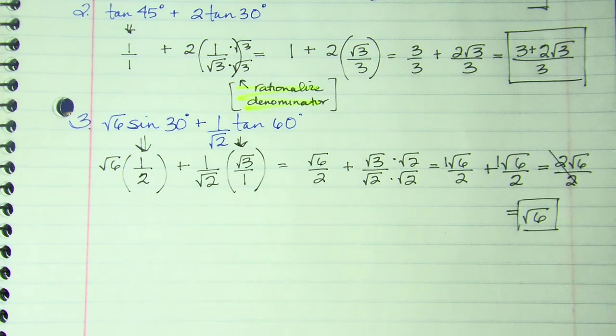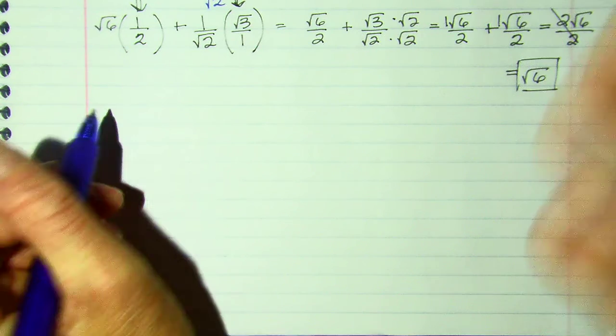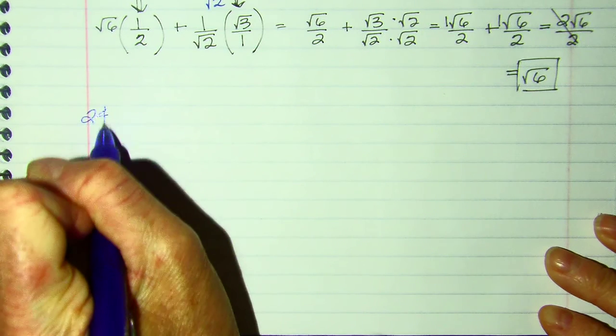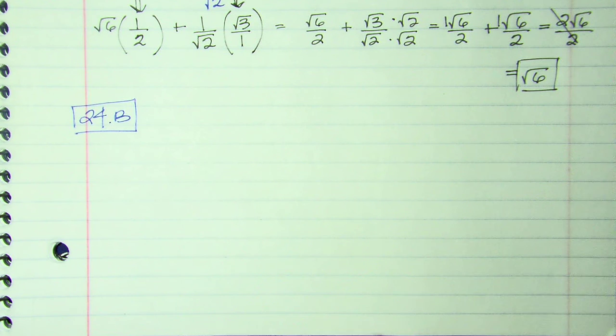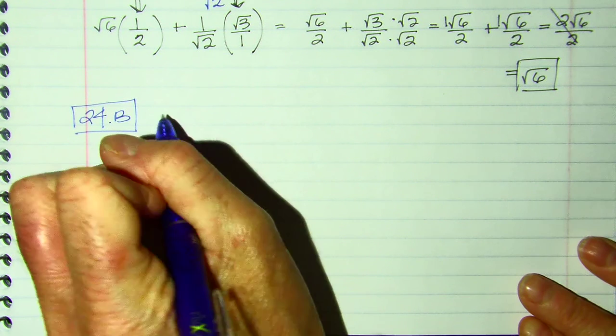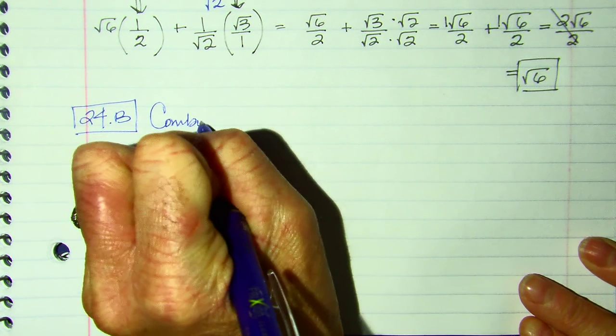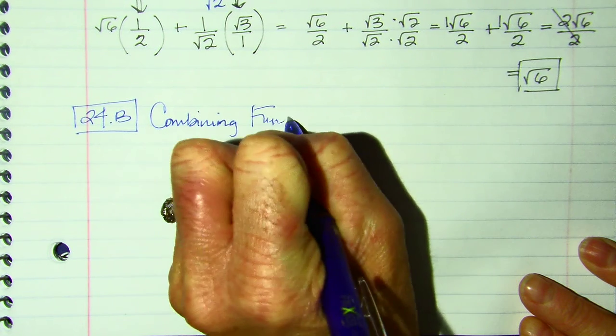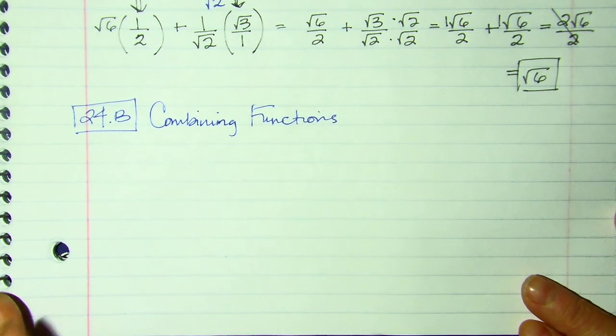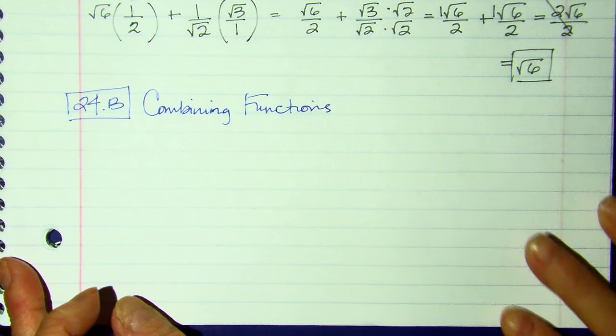And now we're going to move on to 24.B, which is, the premise of it is review, but you're going to get into more complicated functions. So we're going to go over combining functions. We did cover this in Algebra 2.